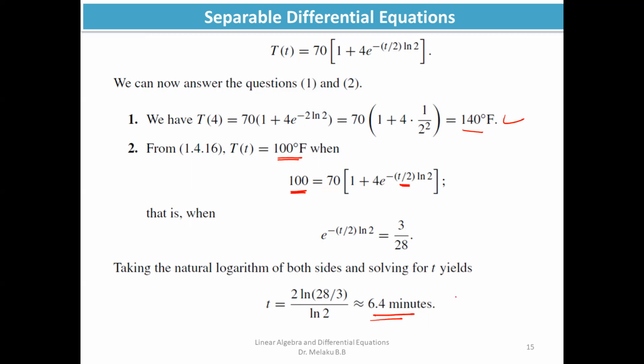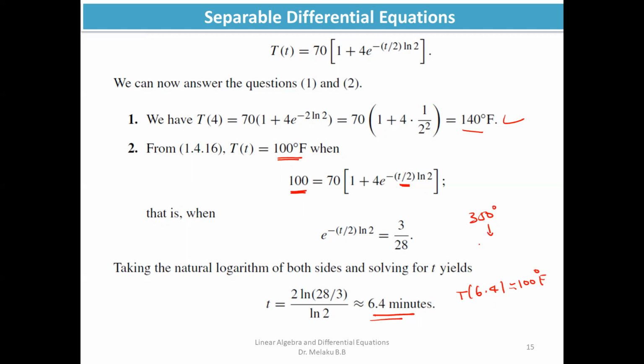Which means at t equal 6.4, we'll obtain around 100 degrees temperature. That will be the temperature of the bar after 6.4 minutes. So initially it was 350 degrees centigrade at 0 minutes.